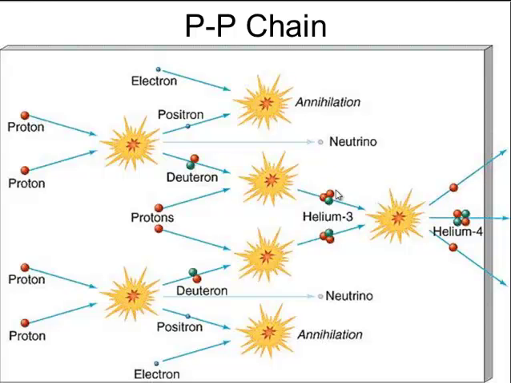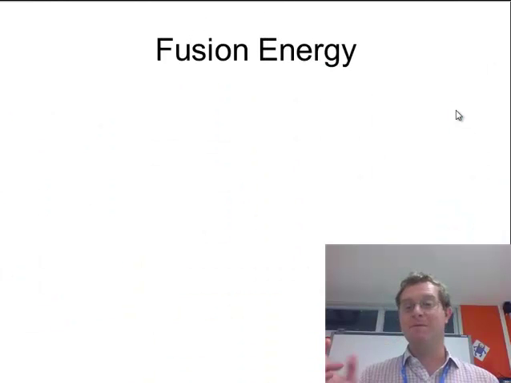This can produce helium, and helium is likely to collide with itself to produce helium. And as we see that, starting from proton-proton, we have a chain reaction which builds up and goes through. And that chain reaction means that more and more energy is released. So let's think about the energy now.